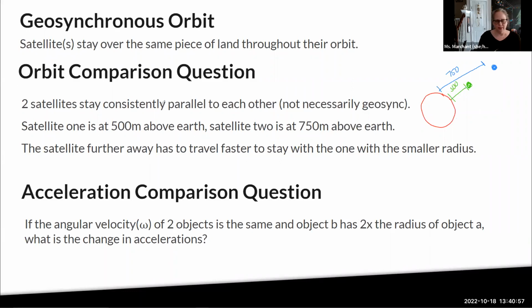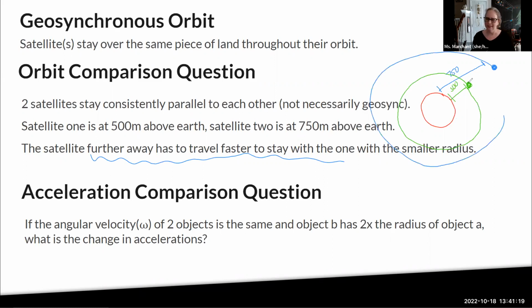Two satellites stay consistently parallel to each other. They're not necessarily geosynchronous, so they could be or they could not be. The satellite further away has to travel faster. Why is that? Okay, so this 500 has a path that looks like this. And the 750 has a larger path. And yes, my drawing is horrible, but larger path because this circumference is larger. Okay.